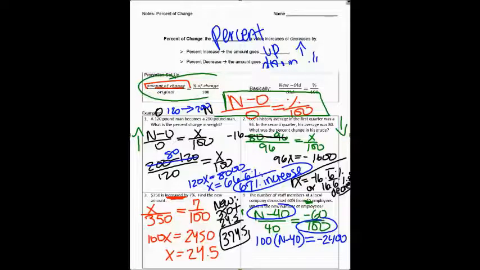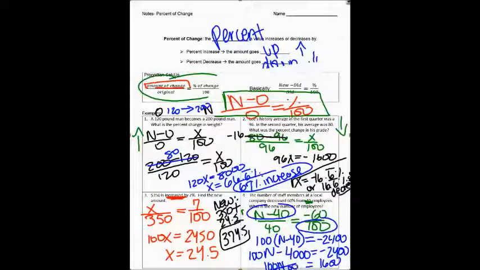Now to finish this off, 100 times that entire thing is going to be 100n minus 4000, equals negative 2400, and then we just solve for n. I add 4,000 to both sides. I get 100n equals 1,600.